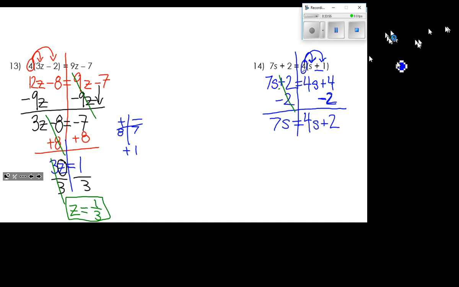To move the 4s, it's a positive 4s, so I need to subtract 4s from both sides. -4s minus 4s. And I can cancel. 7s minus 4s is 3s. I have +2 left over.